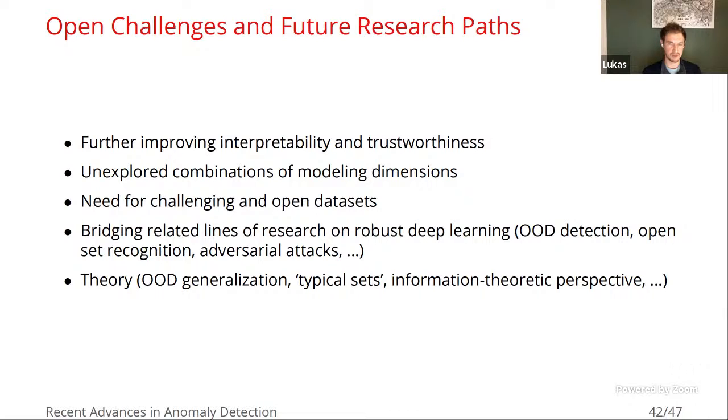So in this setting, we have some additional information which would be about the in-class distribution or in-class labels that we have, but also open set recognition or adversarial attacks, which might be considered extremely hard anomalies.